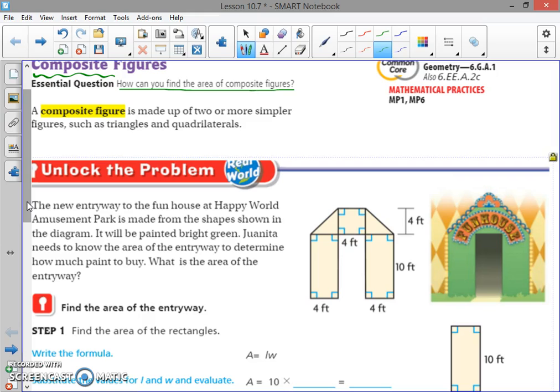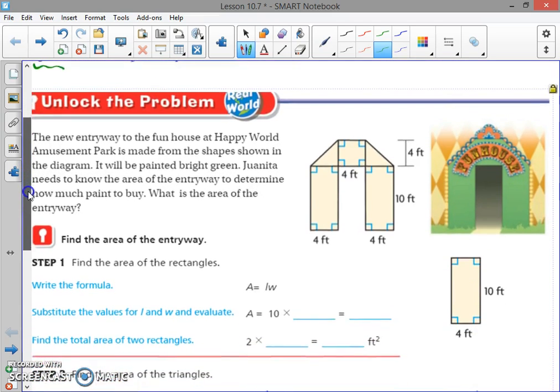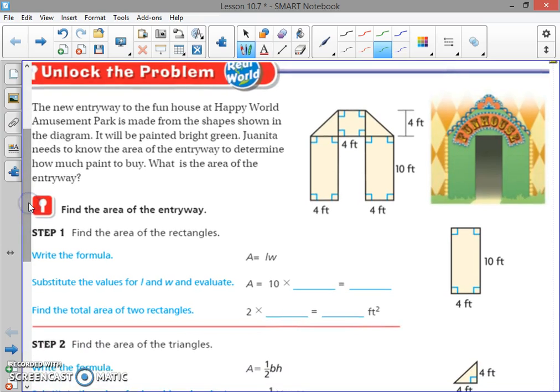And so composite figures are just made up of two or more simpler figures, such as a triangle, a quadrilateral. Remember, quad means four, so quadrilaterals are any four-sided figures. So composite figures are just a mishmash of quadrilaterals, triangles, trapezoids, etc.